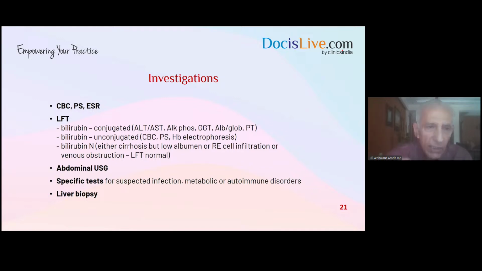If it's another thing, then do other tests. I will not go into detail. But the liver function tests, of course: bilirubin, SGOT, SGPT, protein, albumin, globulin, and prothrombin time. And of course, then abdominal USG, and then specific liver tests including liver biopsy.